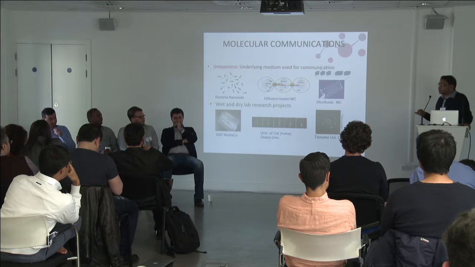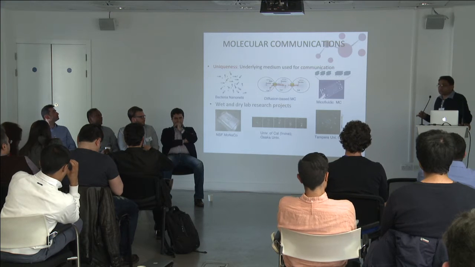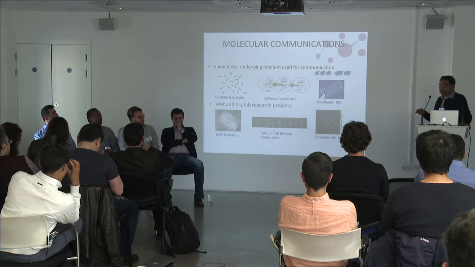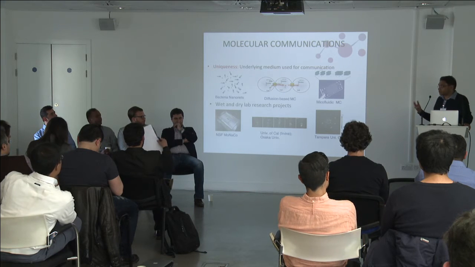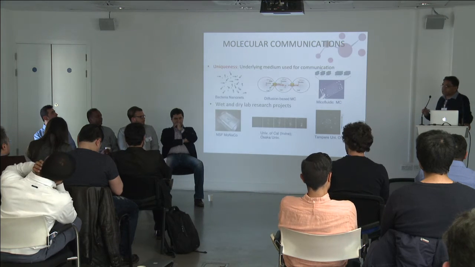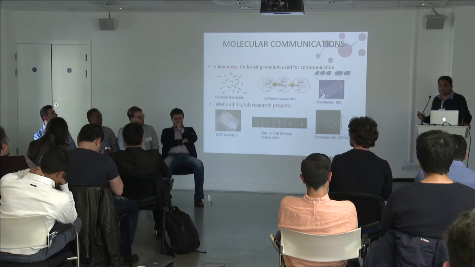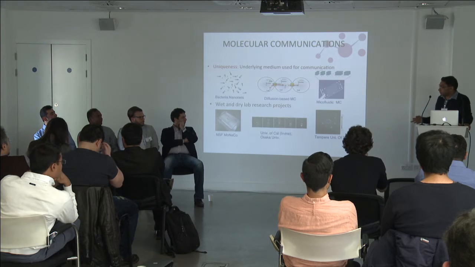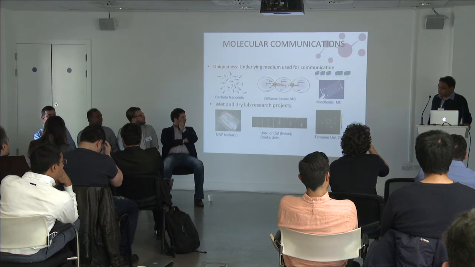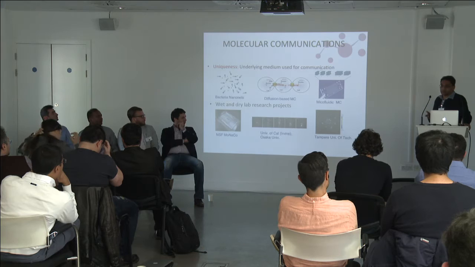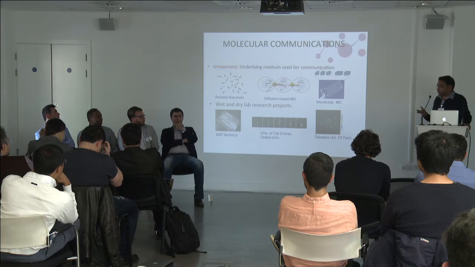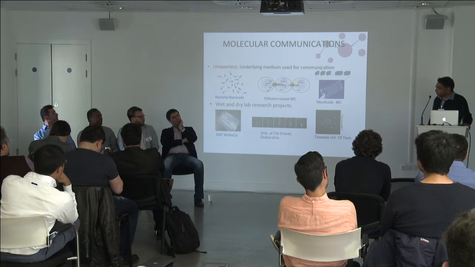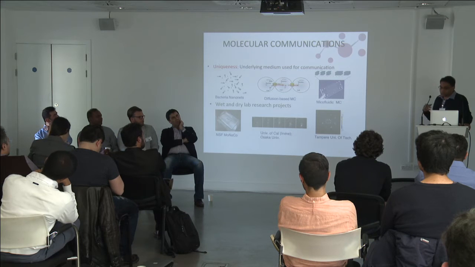From the early days when this area started, the majority of the work was computational, theoretical simulation work, but then we started to see different groups reach out to experimental work as well, wet lab experimentalists and whatnot, and you can see some examples down there. A very good example was the NSF Monaco project led by Ian Akyildiz, which just ended not long ago. There was also work at University of California, Irvine, Osaka University, and in Finland as well.